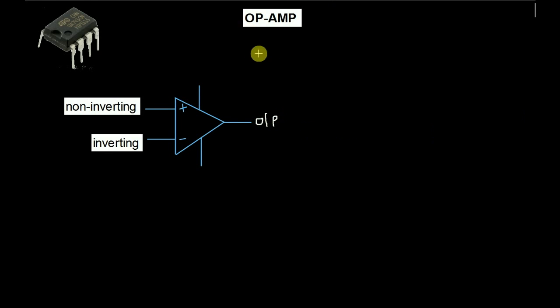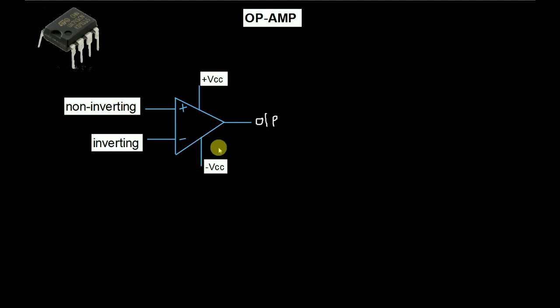This is the output, and the upper one is the plus VCC and the lower one is the minus VCC. So this is the block diagram of the operational amplifier, and we will try to understand its operation by this block diagram.